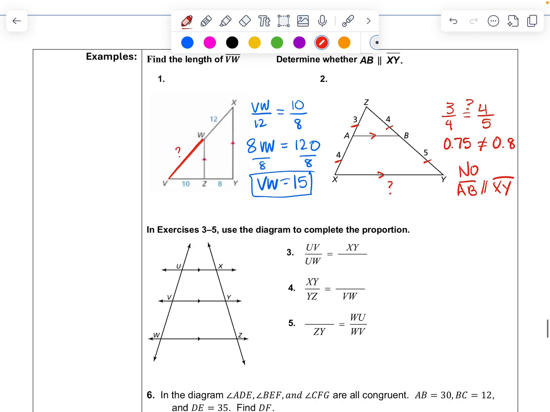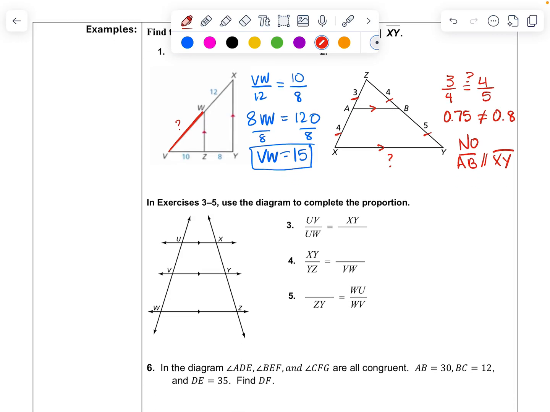Okay, and now here we have a problem that goes with that third theorem where we have 3 parallel lines. So it wants us to complete the proportion. What goes with what? Okay, so UV goes with UW. Oh, does that work? Yes, it does. UV is proportional with UW, just like XY is going to be proportionate to XZ.